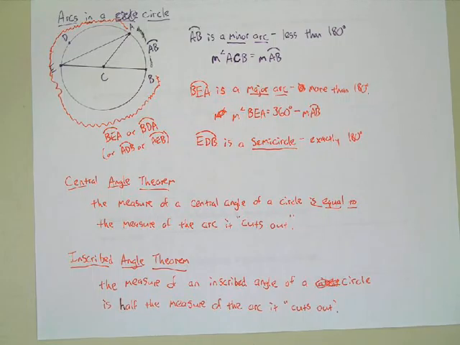Okay? If the measure of angle AEB is 20 degrees, what's the measure of arc AB? 40, and what's the measure of the central angle? 40. Okay, last question. If the measure of angle AEB is 22 degrees, what's the measure of angle ACB going to be? 44. That's right, because again, you doubled the inscribed angle to get the arc, and then the arc is the same as the central angle. That's it.